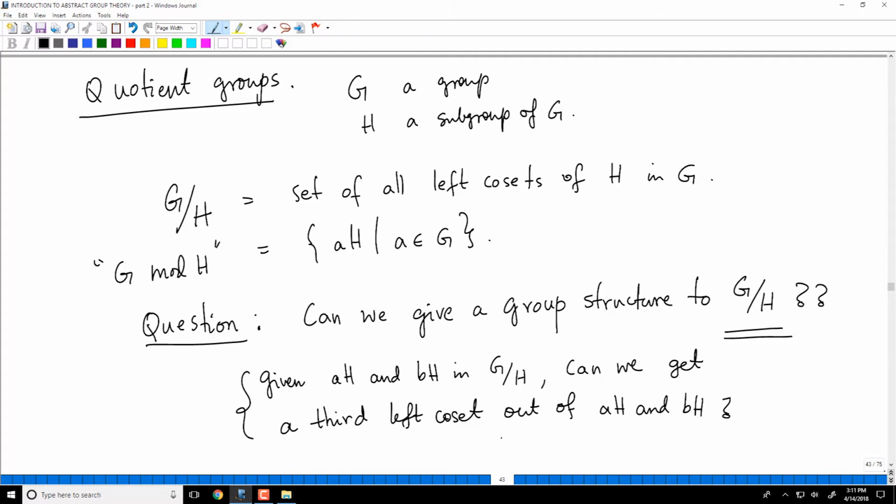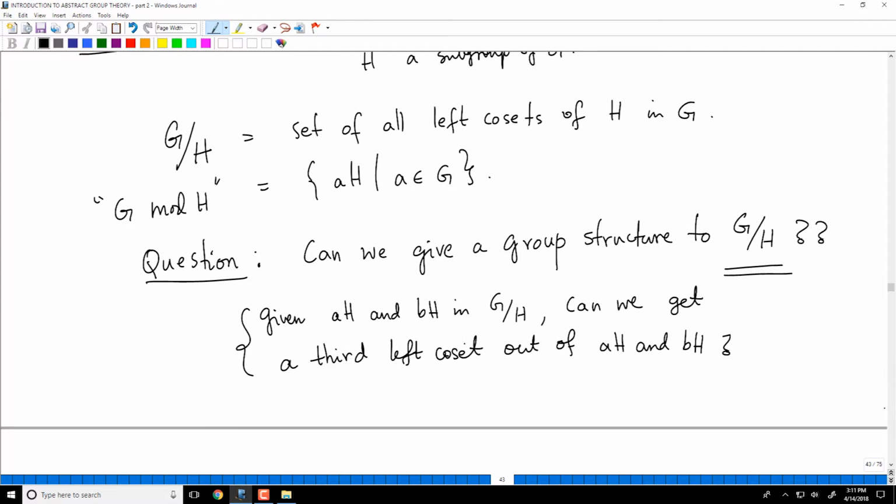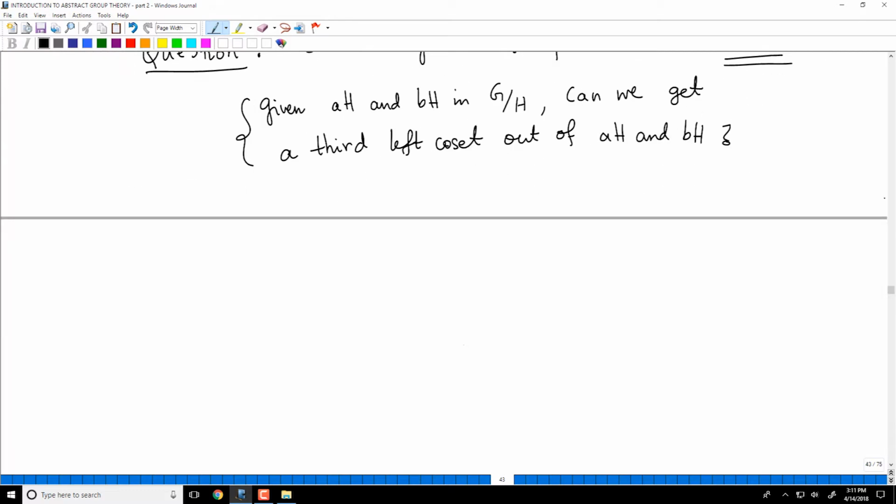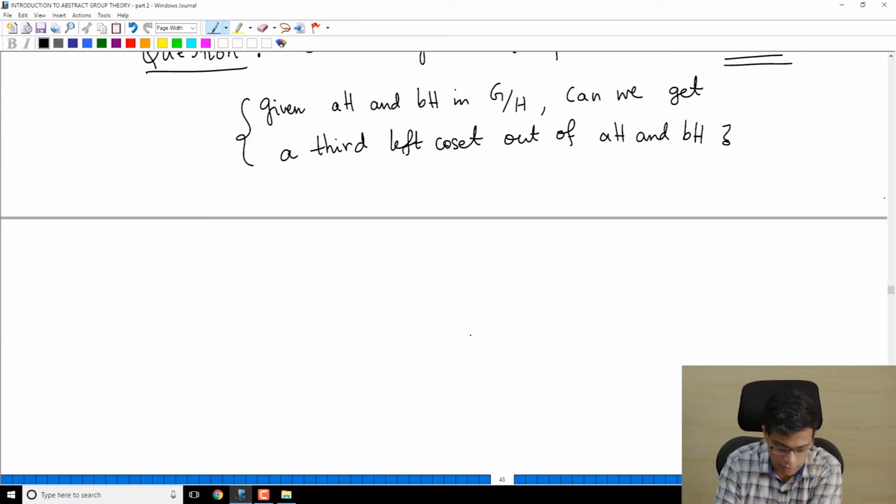And of course, this is not the end of it. After giving this binary operation, we have to make sure that there is an identity element, that this group operation admits inverses, and that it is associative. These must be checked. So let's see whether we can do something like this.